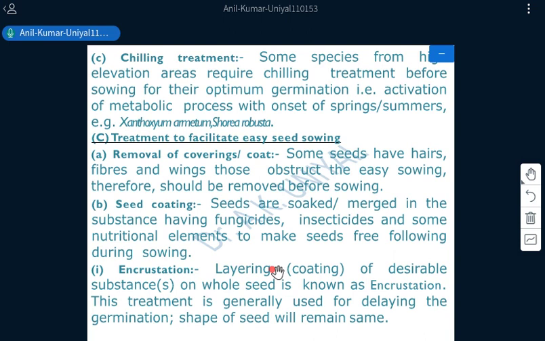Okay, then we have chilling treatment for this category. Some species from high elevation areas just require chilling treatment before sowing for their optimum germination, that is an after-ripening effect, just to complete the metabolic activities in the seed, as they are habituated to colder temperatures.